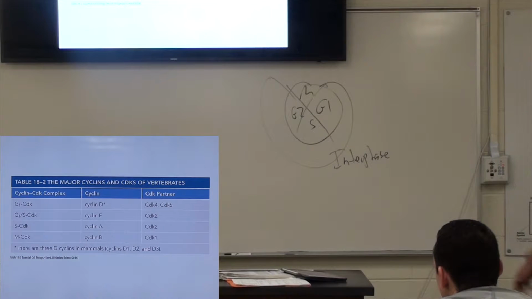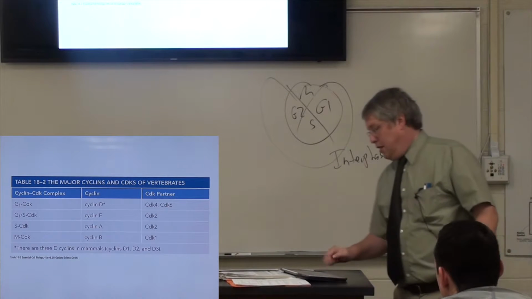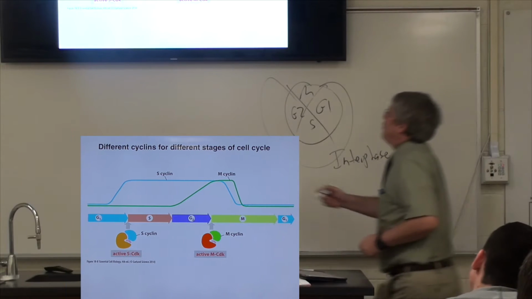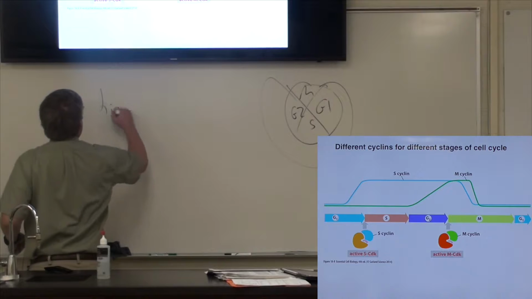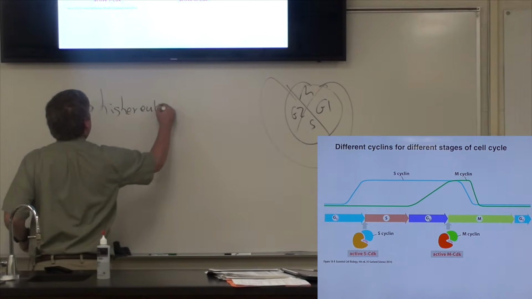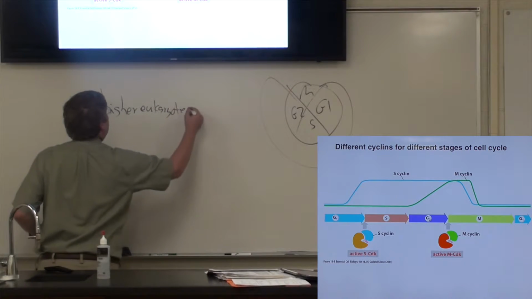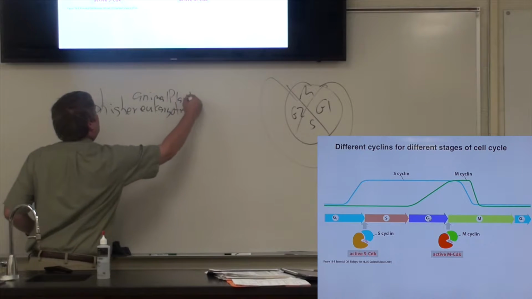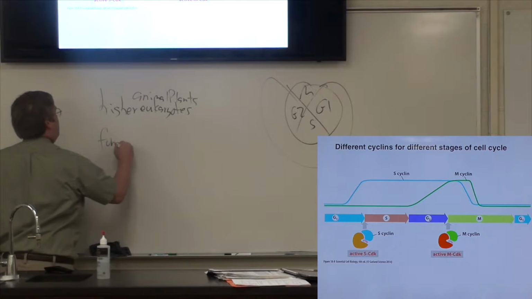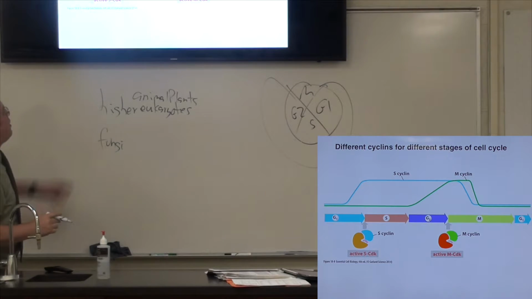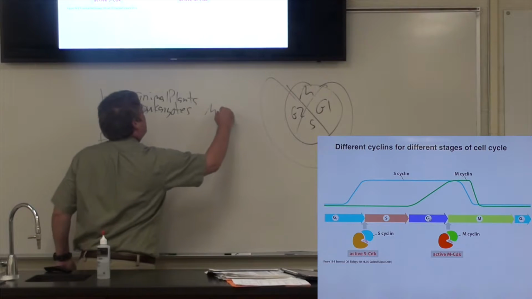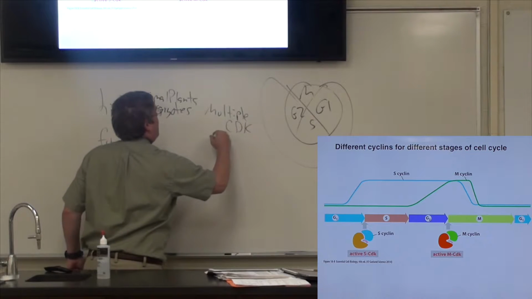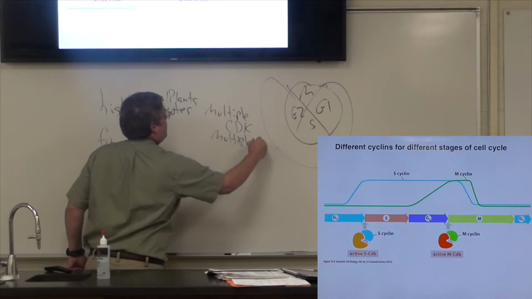And so in yeast, where a lot of this was first done, versus higher eukaryotes, when I say higher eukaryotes, that means animals and plants, basically, versus, say, fungi, which is a lower eukaryote. Higher eukaryotes have multiple cyclin-dependent kinases and multiple cyclins.